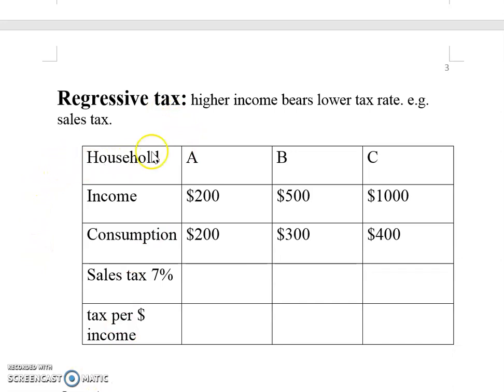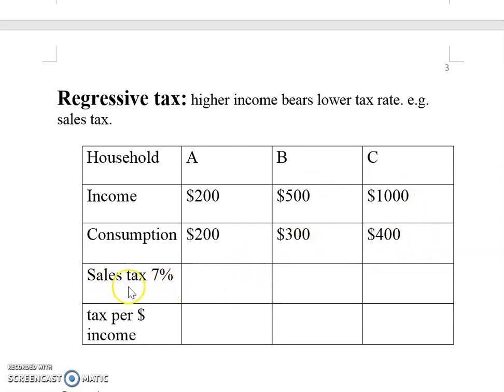In this example, there are 3 households, and their income is from lower to a medium size and then to a higher income. Alright, so we all know that as people's income increases, the consumption spending increases, right? Demand increases, isn't it? So their consumption spending increases as their income increases, but not by the same proportion.